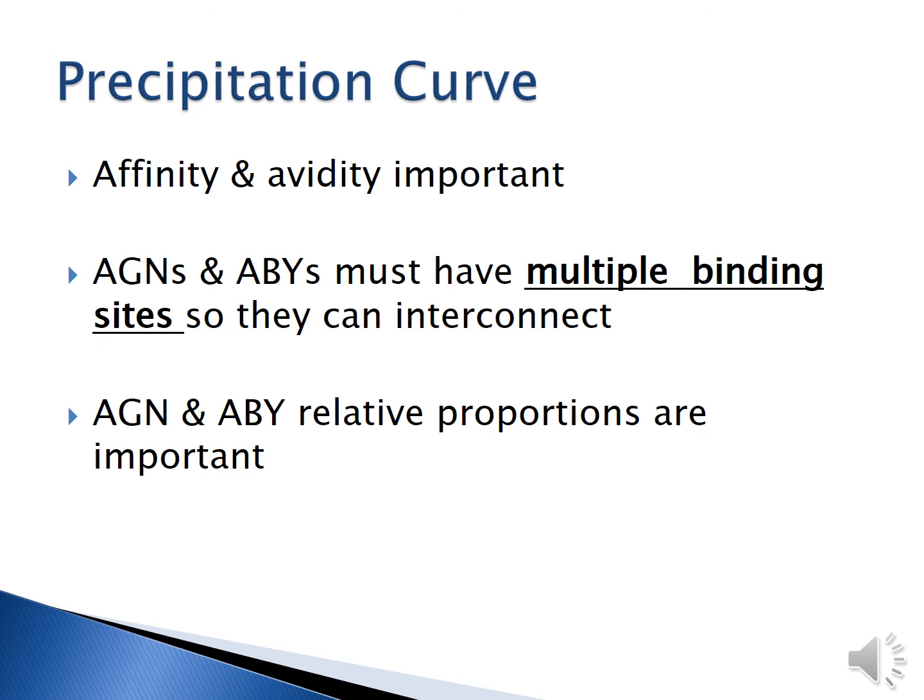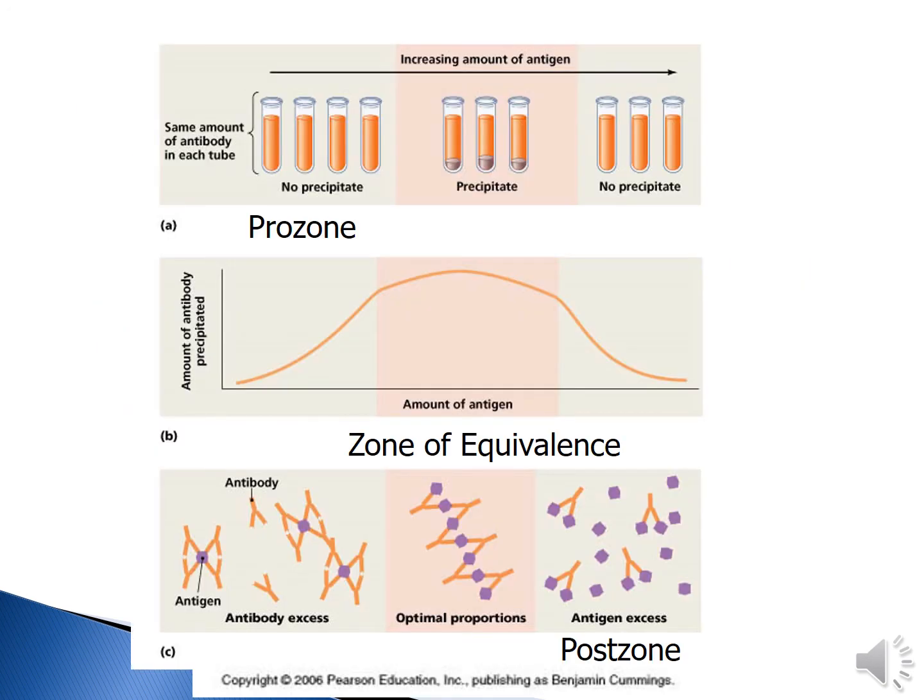And obviously we want these antigens and antibodies to be in relative proportions to each other because we want to get that zone of equivalence. So again, the zone of equivalence plays a major role in precipitation. If we have too much antigen or too much antibody, then we will not get the correct result in our testing.